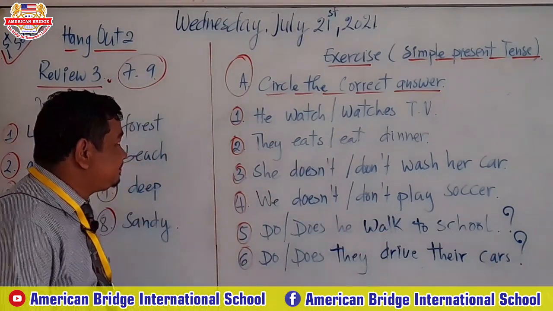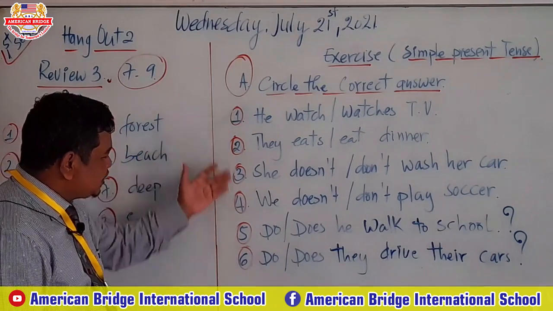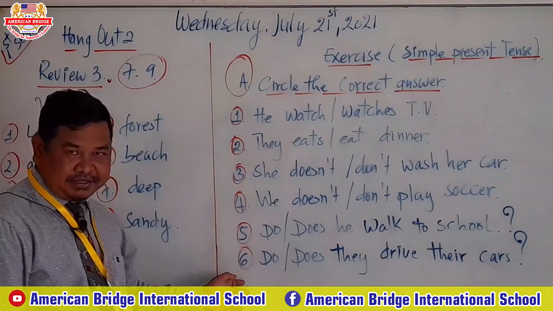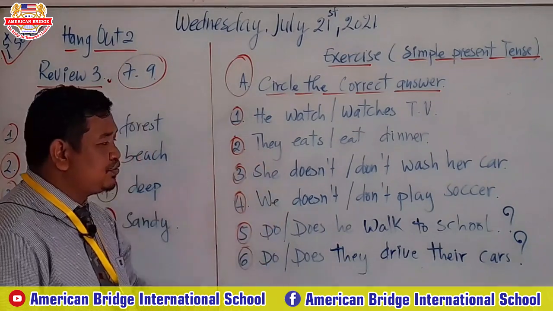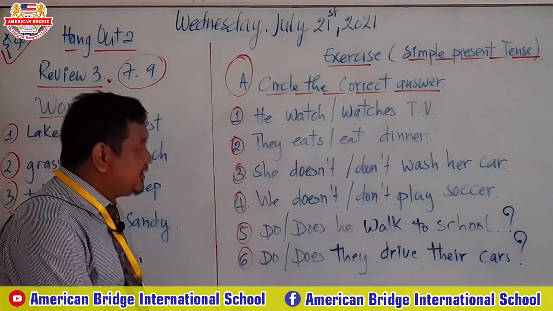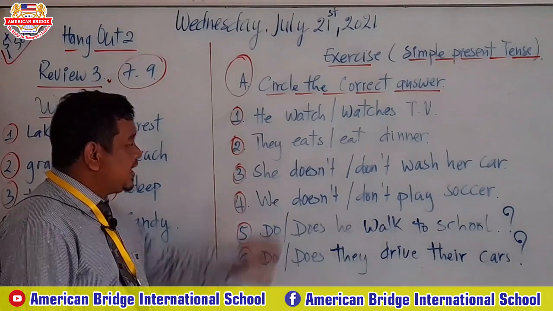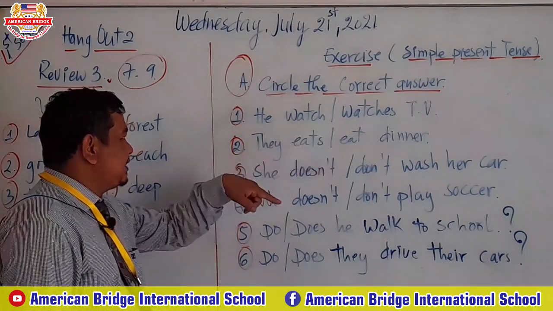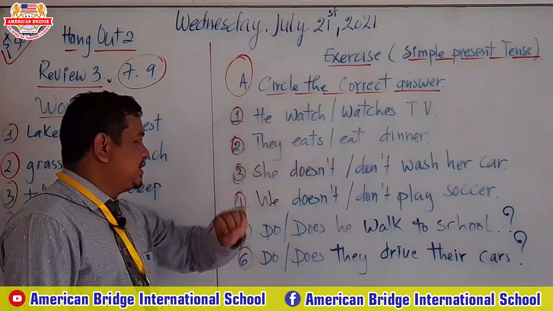So in here, as I taught you already, for number 1 to number 6, you have to circle the correct answer. I read for you first, and after that you choose the correct answer with me. You circle the correct answer with me. So number 1, he watches TVs. Number 2, they eat dinner.